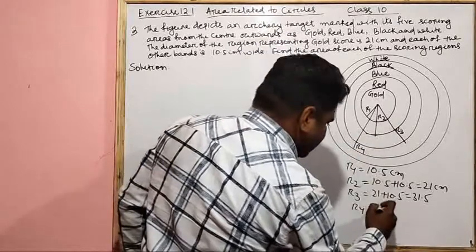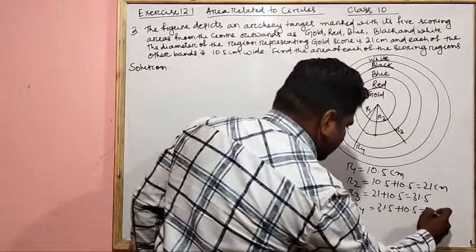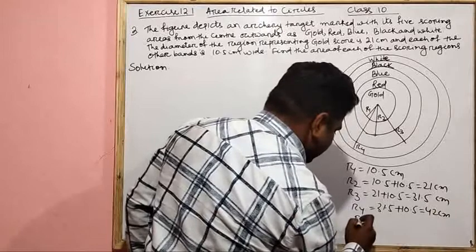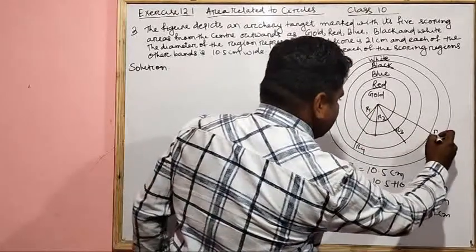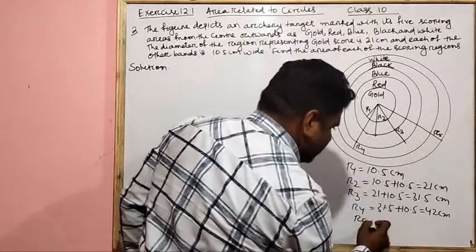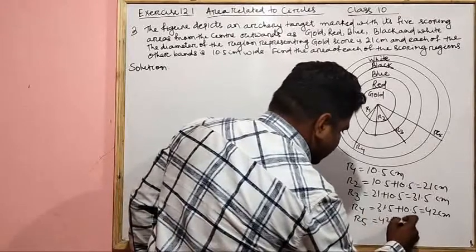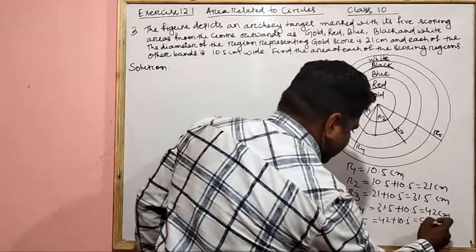R4 will be 31.5 plus 10.5, it will be 42 cm. Next R5, let this be R5. R5 will be 42 plus 10.5, it will be 52.5 cm.